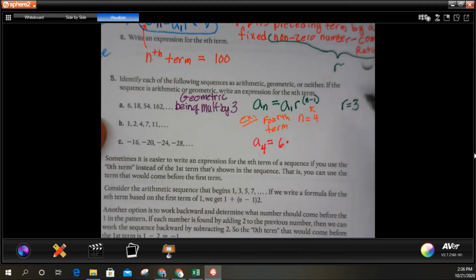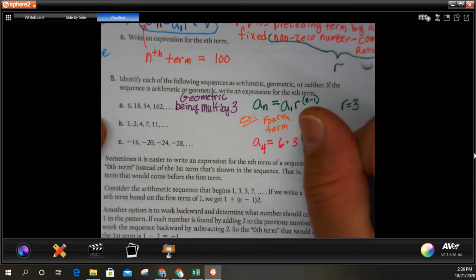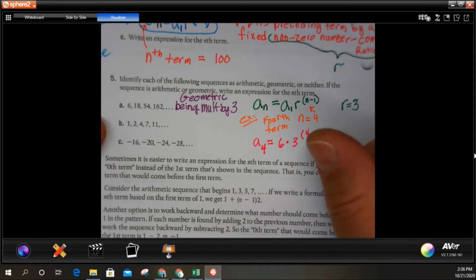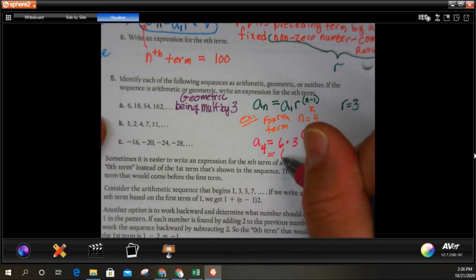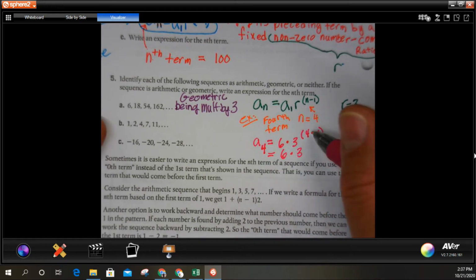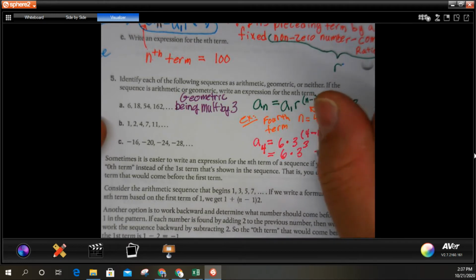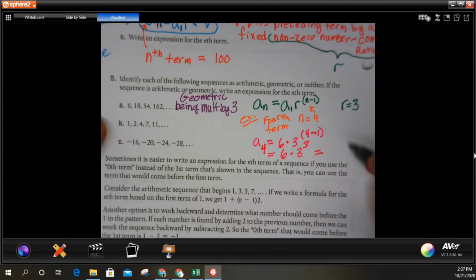My r was 3 to the, I'm substituting in 4 for my n, minus 1. So my fourth term equals 6 times 3 to the 4 minus 1, which is 3. And 3 to the third is 27. 6 times 27 equals 162.